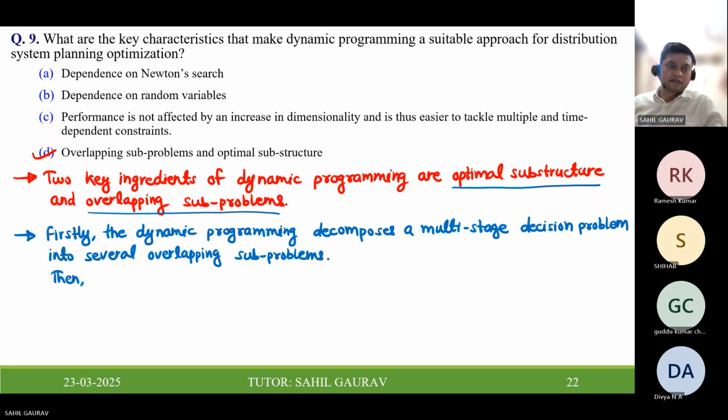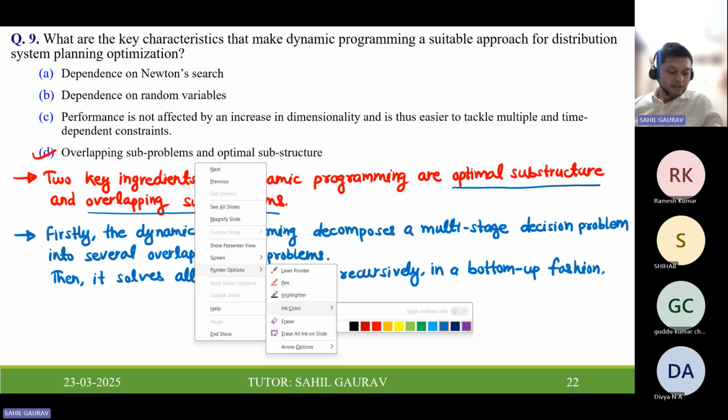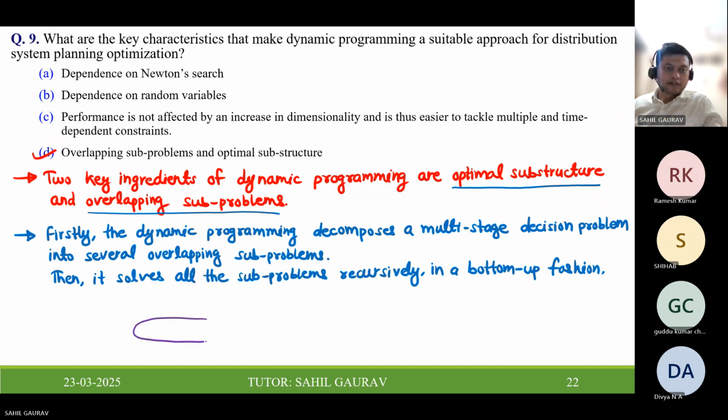Then it solves all the subproblems recursively in a bottom-up fashion. So if you make the diagram for the subproblems, it will be like this.